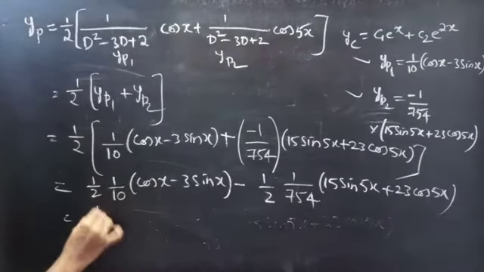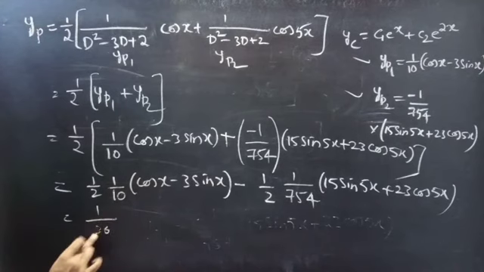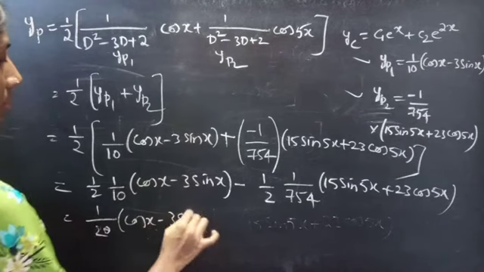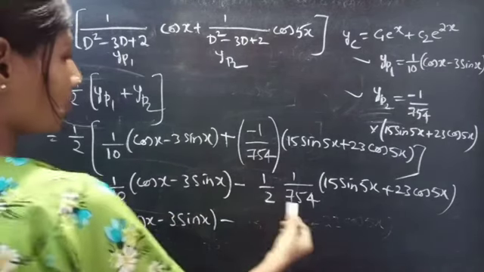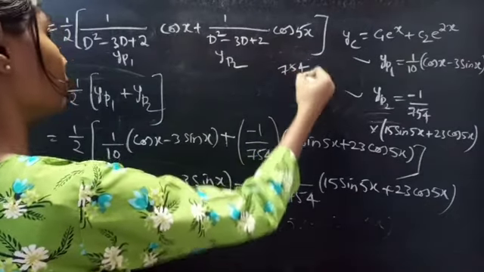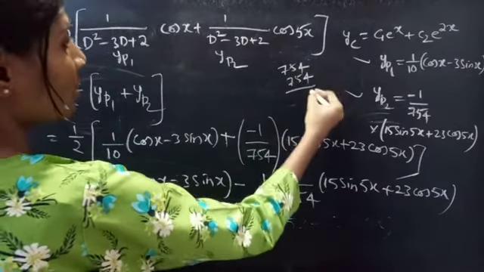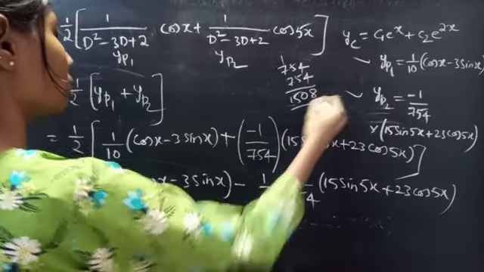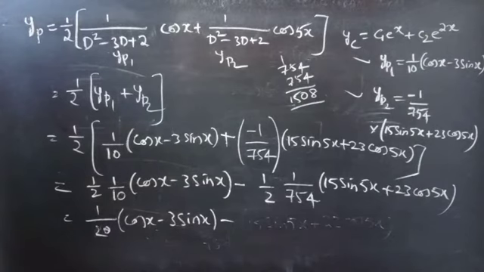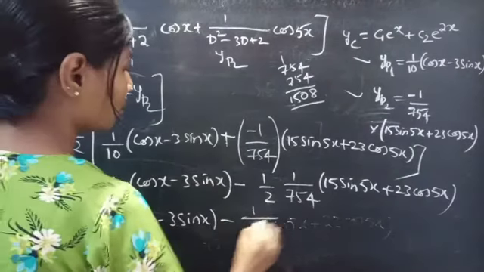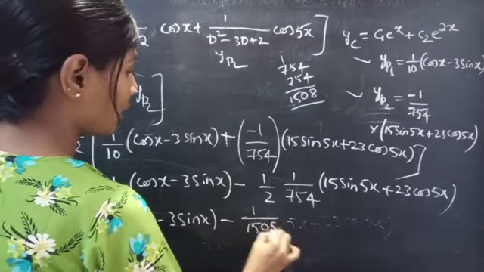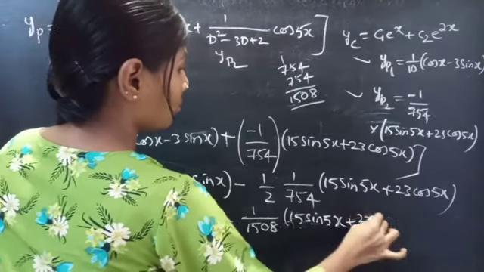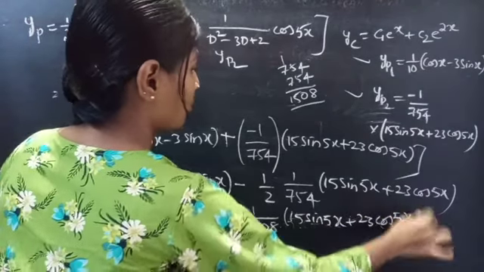Which is equal to 1 by 2 times 10, that is 1 by 20, cos x minus 3 sin x, minus 1 by 2 into 754: 4 plus 4 is 8, 5 plus 5 is 10, 7 plus 7 is 14 plus 1 is 15, so 1 by 1508 into 15 sin 5x plus 23 cos 5x.